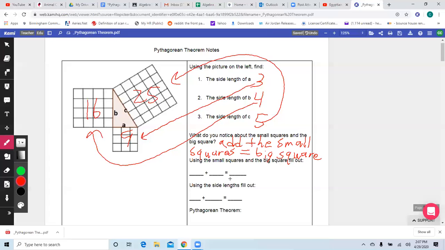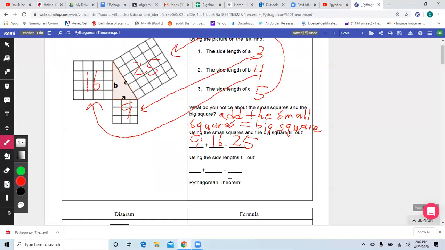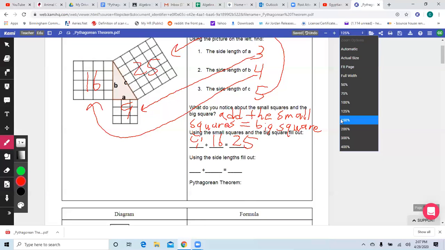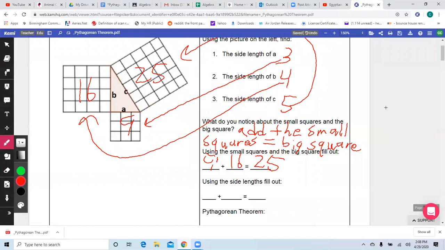So I know here that 9 plus 16 is 25. And so if I use the side lengths, this is the same. Let me zoom in a bit. This would be the same thing as saying 3 squared plus 4 squared is equal to 5 squared.